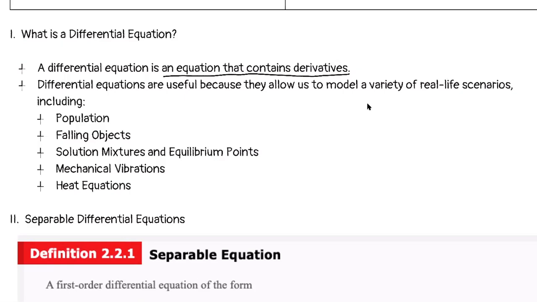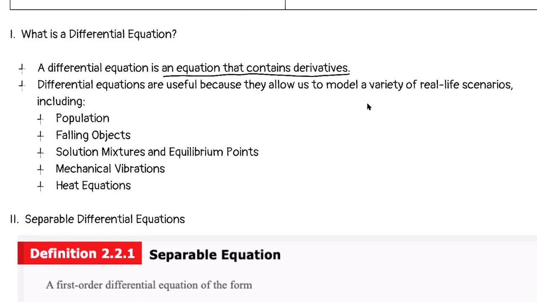But I think what we're getting into is math that is a little bit more complicated and more geared towards whatever your profession might be. A few of these uses include helping model population, looking at falling objects, solution mixtures and equilibrium points, so thinking about chemistry, mechanical vibrations and heat equations. All of these include differential equations.